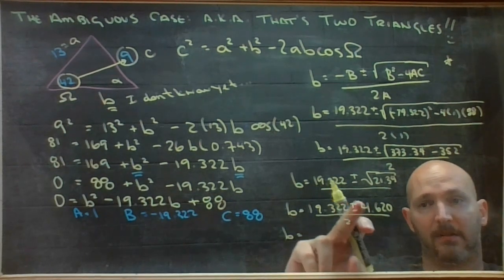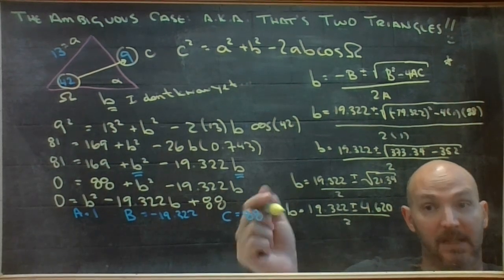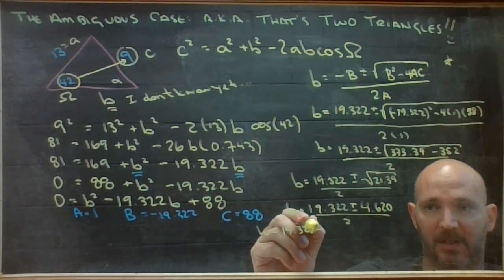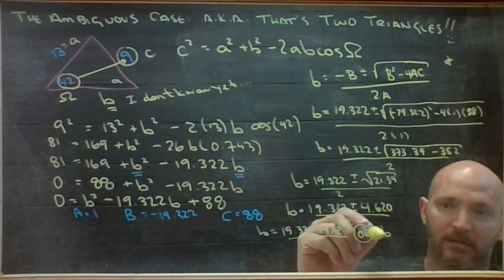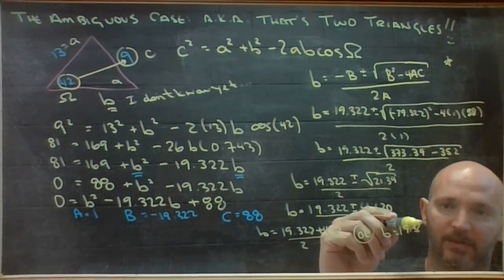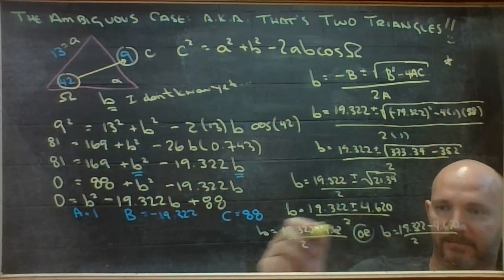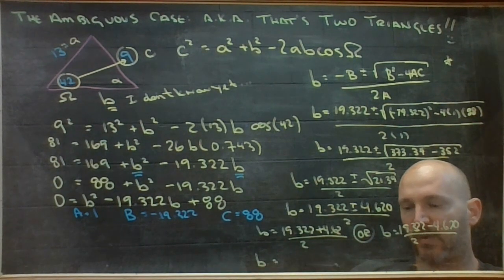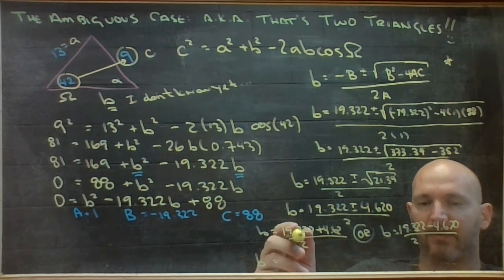Now, this is where things get interesting. I have a plus minus in this equation, which means I'm going to get two solutions. One of them is 19.322 plus 4.62, or it could be 19.322 subtract 4.620. That's definitely on my face now. So if I figure out this one, 19.322 plus 4.62 is 23.942.